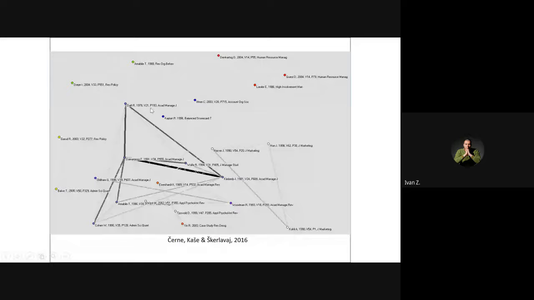You see, I don't know, Kaplan's book on the balanced scorecard. You can see Daft's article published in the Academy of Management Journal, and so on. And the thicker and darker the line is, the higher the co-citation count, right? So, the article of Dama, for example.